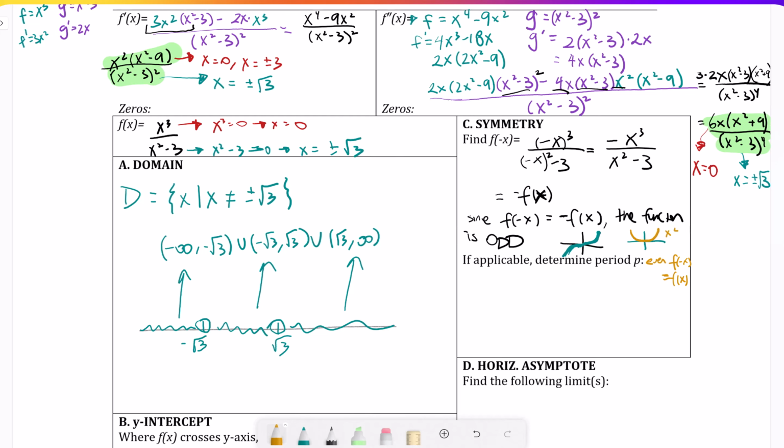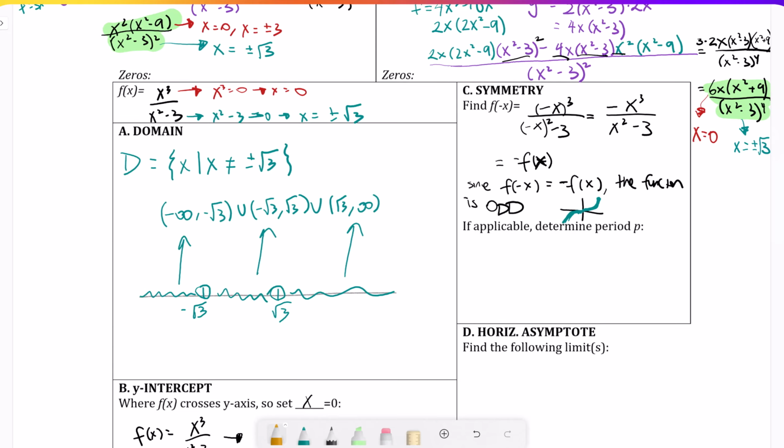So what's the symmetry like here? The y-axis is a mirror. So what I see on this side mirrors what I see on this side. That's what it means for f of negative x to equal f of x. That's even functions. And then periodic is trig functions. We'll cross that bridge when we get there.